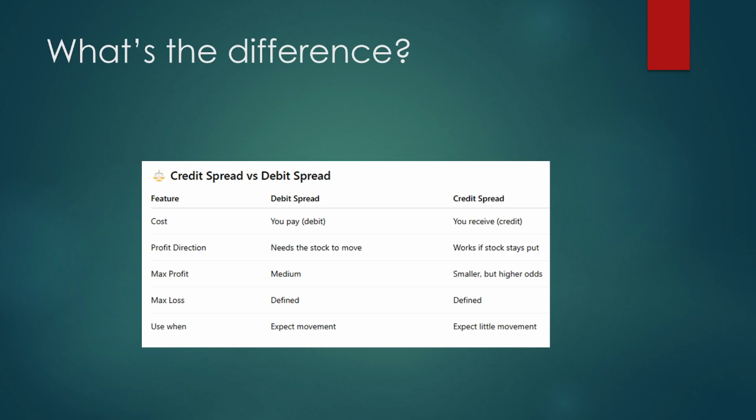In one of my previous PowerPoints, I went over covered calls. This works in the same sense, just purchased at different times. You can buy a long call and then sell a call against it, and that basically turns it into a debit spread.